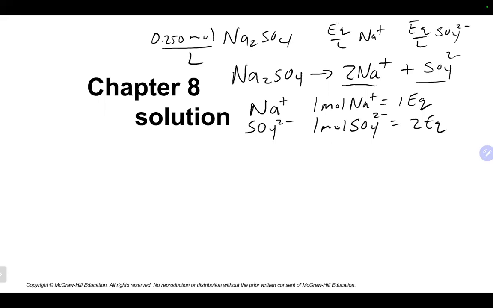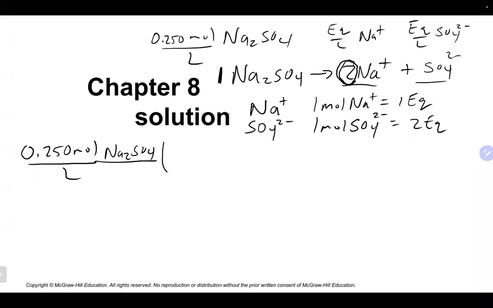So we're going to do a little bit of conversions here to get us there. We're going to start with the sodium, starting with the 0.25 moles per liter of the entire thing. We could do a mole to mole relationship here: for every 1 mole of the whole thing, how many moles of sodium do I get? 2, just like in stoichiometry, so a 1 to 2 relationship.